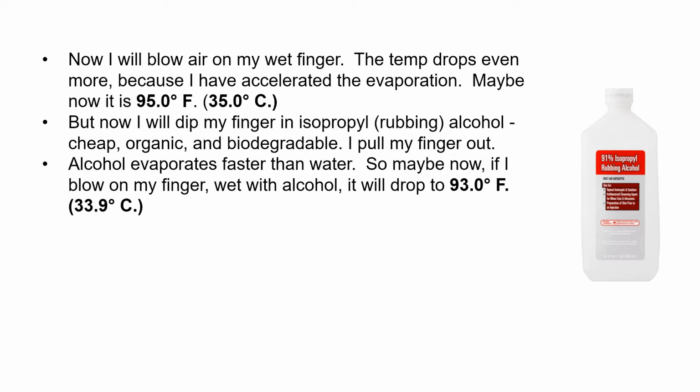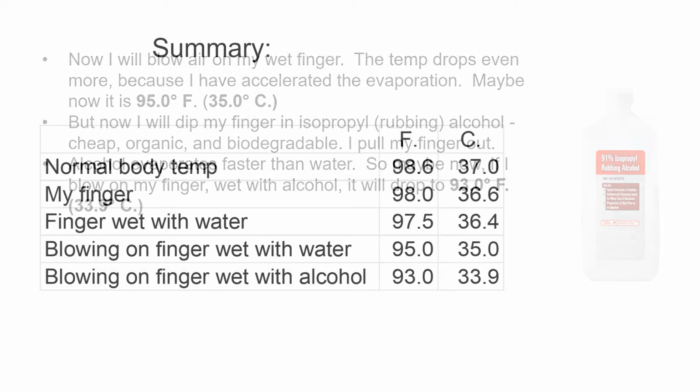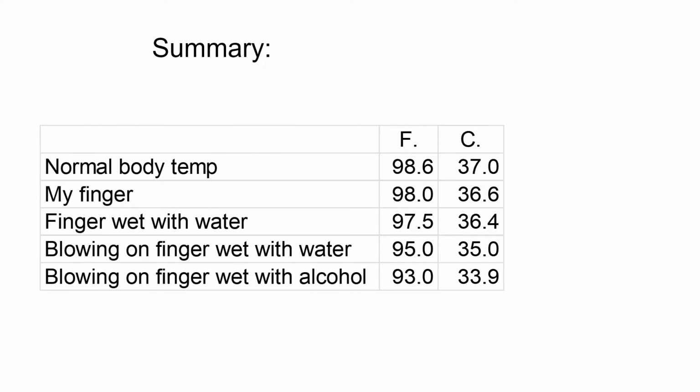So maybe now if I blow on my finger wet with alcohol, it will drop to 93.0. Here's a summary. We see that blowing on my finger wet with alcohol produces the greatest amount of refrigeration or cooling.